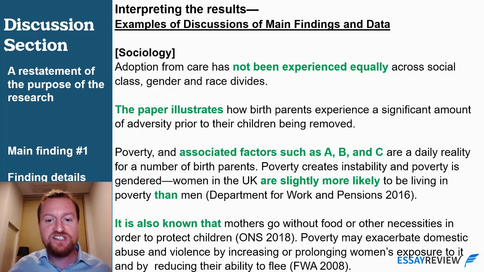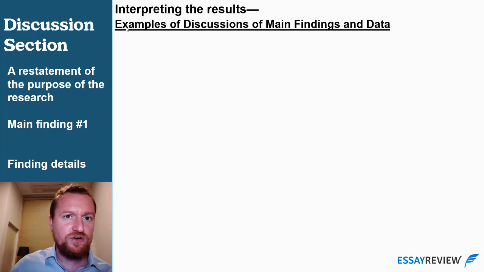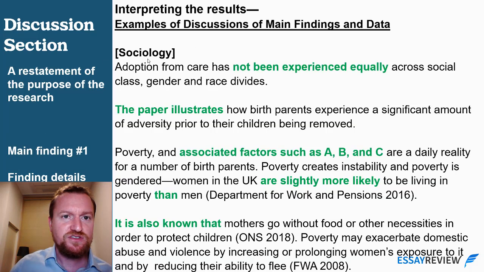In the discussion section, you can show how what you found in your research is already shown by these other studies. So there's a consistency. You're building upon this other work, or you're saying, I've found something similar to what other studies have found. All right. So you're going to, let's see, interpreting the results.